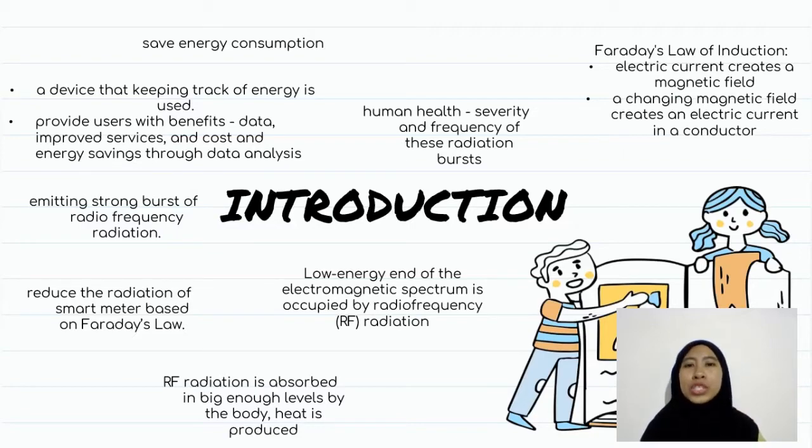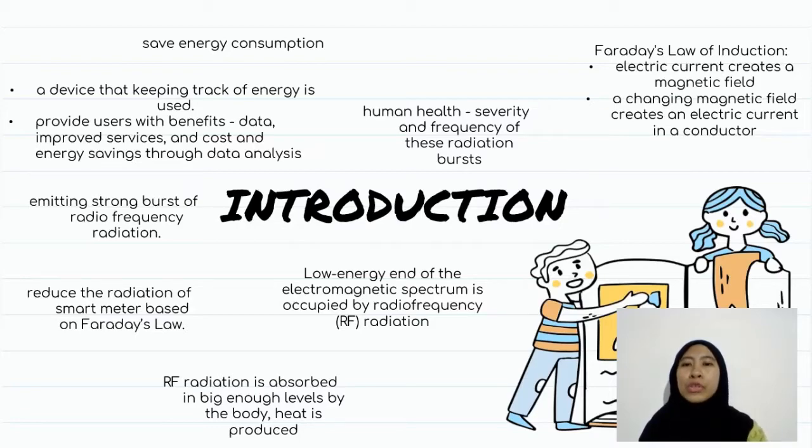The low energy end of the electromagnetic spectrum is occupied by radio frequency, RF, radiation, which includes radio waves and microwaves. When RF radiation is absorbed in a big amount by our body, heat is produced.